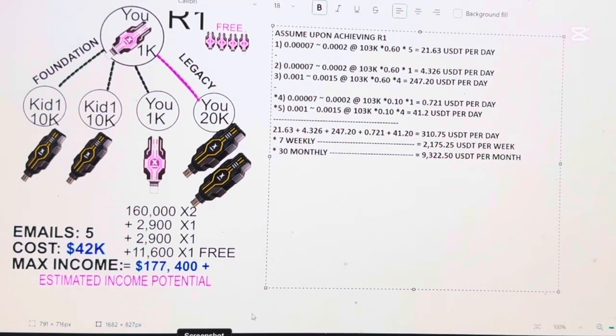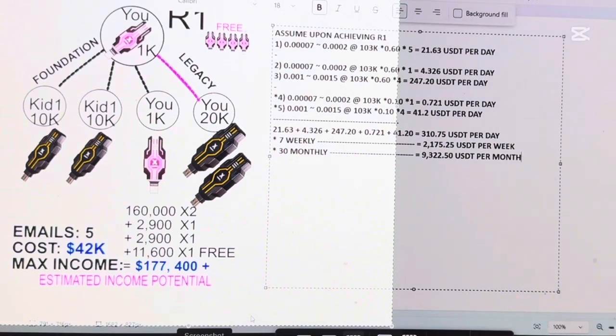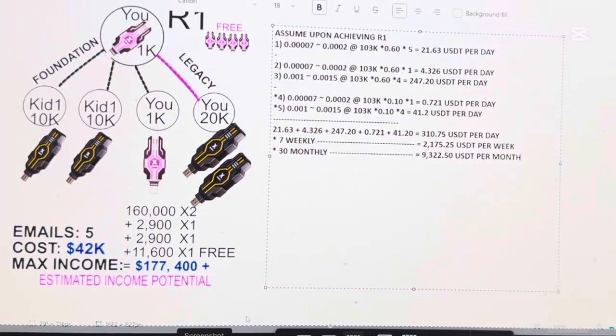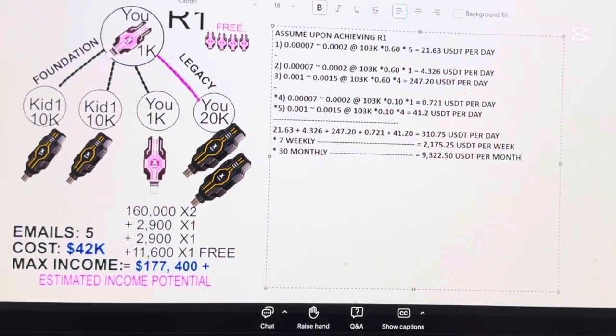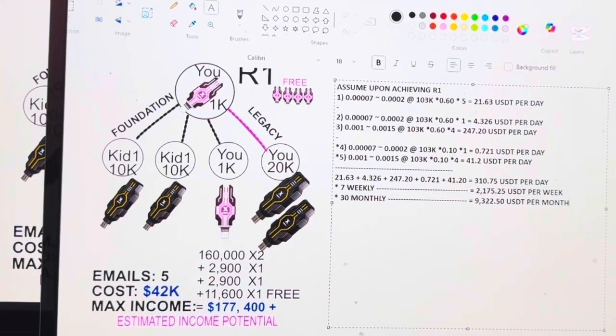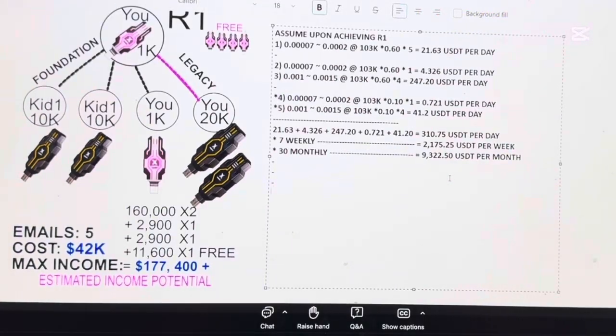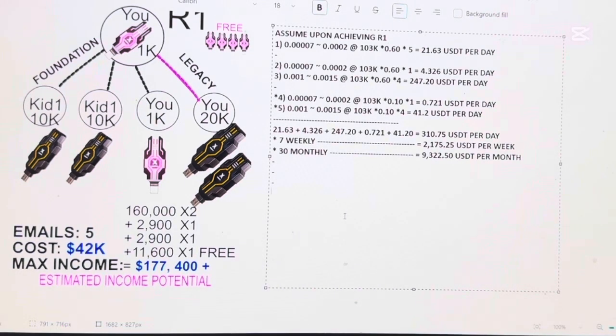Make sense? If you really want to make an extreme amount of money here, you have to look at the person who invited you and be focused on figuring out how to help that person make more money. You do that by deploying in your primary one the most. It's not about building down underneath you.